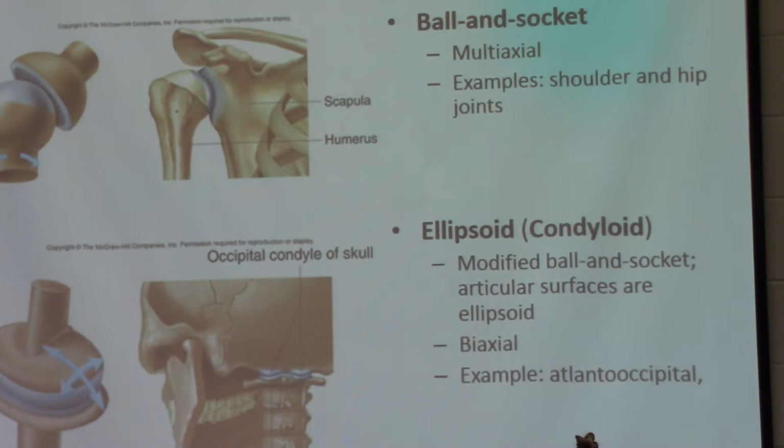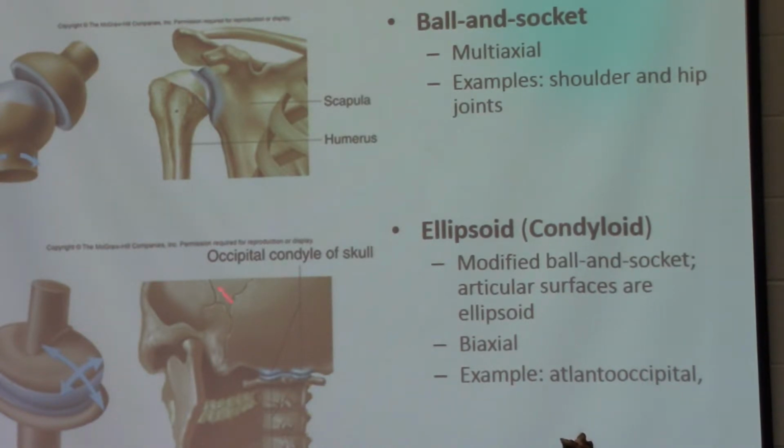Not exactly egg-shaped, because eggs are a little different. Eggs are like that. So these are very uniform on both ends. So that ellipsoidal is an example of some joints in our body.